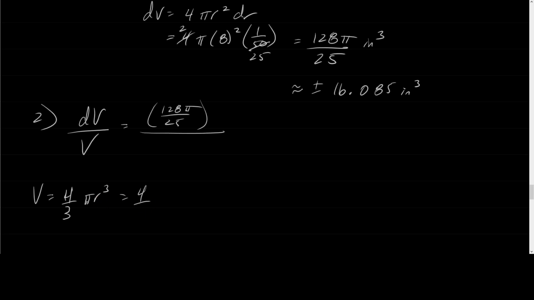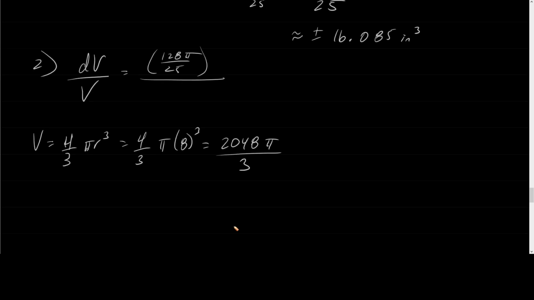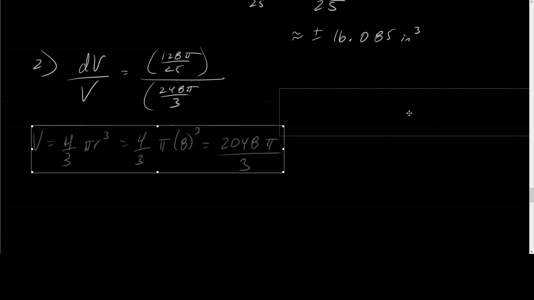The radius was 8 inches, so 4/3 pi times 8 cubed. All right, so 8 cubed times 4. 8 cubed is 512. 512 times 4 is, excuse me, 2048. So I end up with 2048 pi over 3. That's the denominator. And perhaps I'll move this to the side because it was side work.